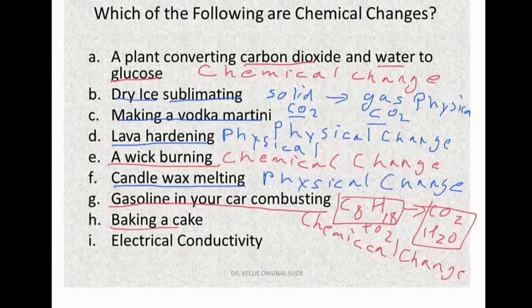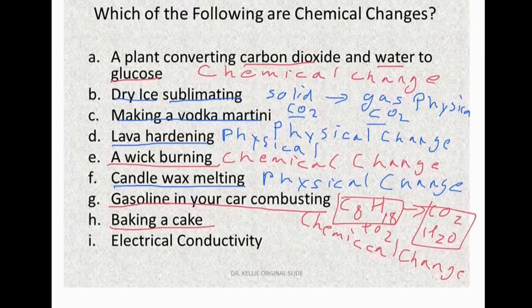Baking a cake. You bake a cake and you start off with a bunch of goopy liquid. You place it in the oven and what happens? It rises, it becomes light and fluffy. Where did all those little air pockets come from? During the process of baking a cake, several chemical changes occur. But one of them actually produces carbon dioxide, which is what makes your cake nice and fluffy.